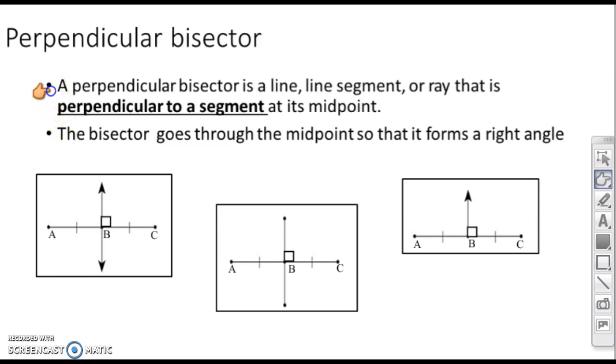So the perpendicular bisector is a line, segment, or ray that passes through the midpoint, but when it does, it forms a right angle. That's what that square indicates, a right angle, 90 degrees. So that's a perpendicular bisector.